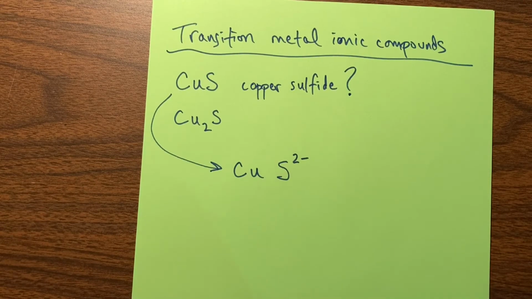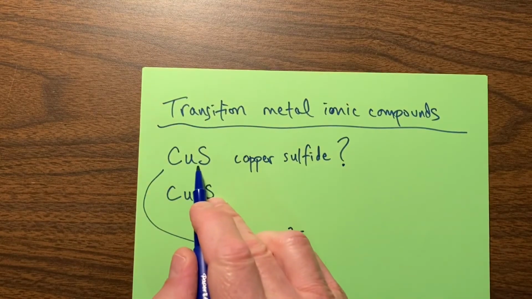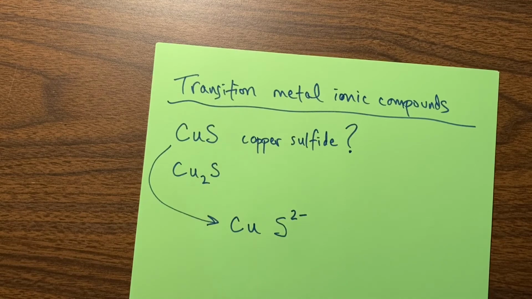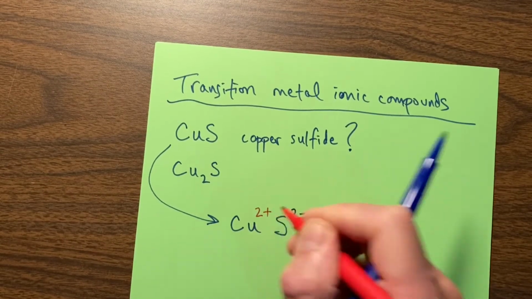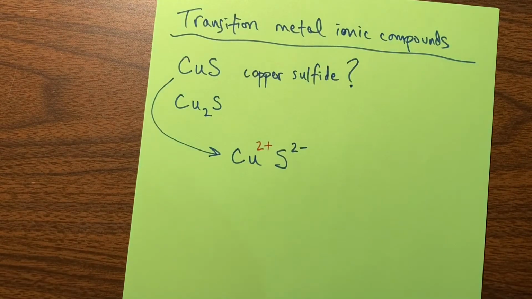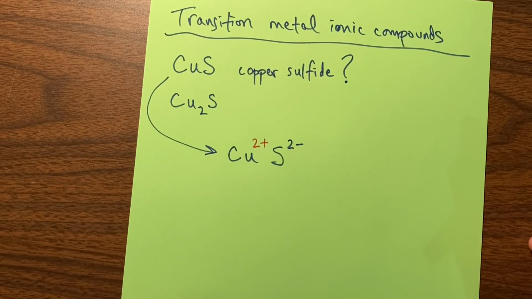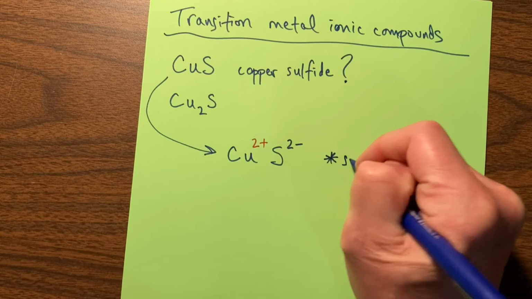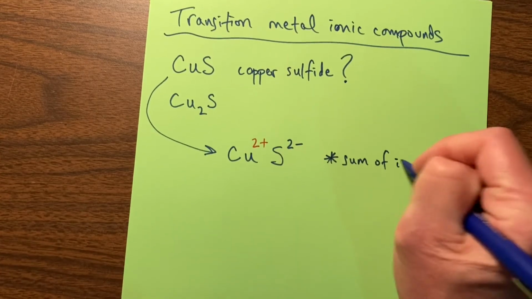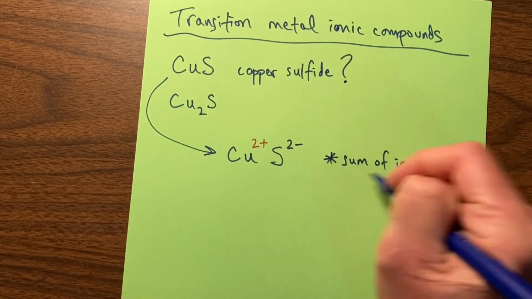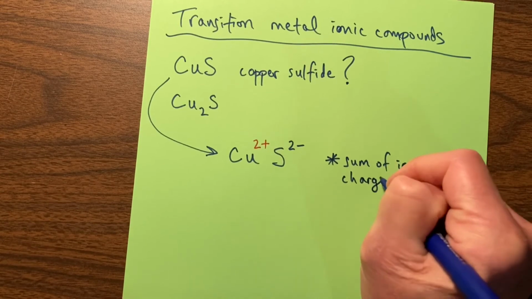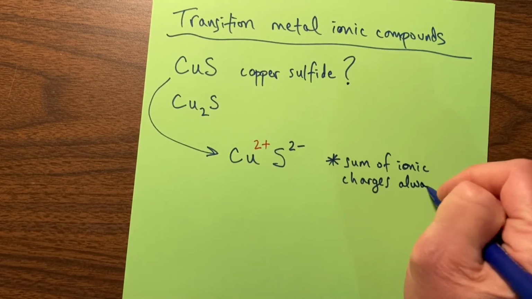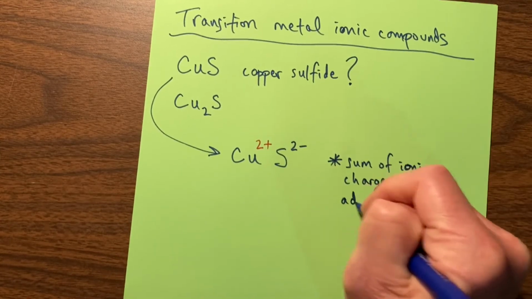And copper, if it's written like this, must be an equal and opposite charge, because all ionic compounds have a 0 net charge. That's another thing I haven't mentioned. This is critical. The sum of the ionic charges always adds up to 0 in an ionic compound. It always adds to 0.